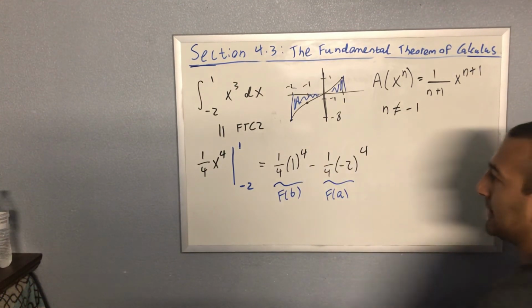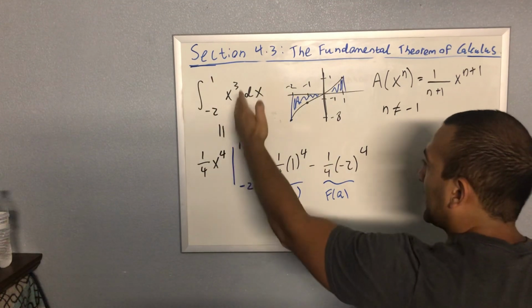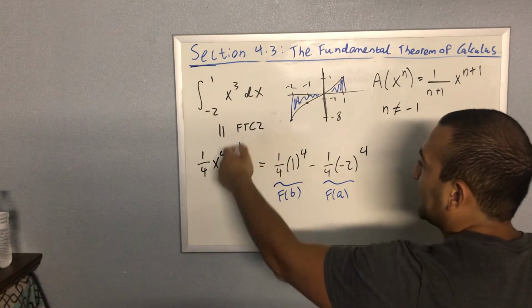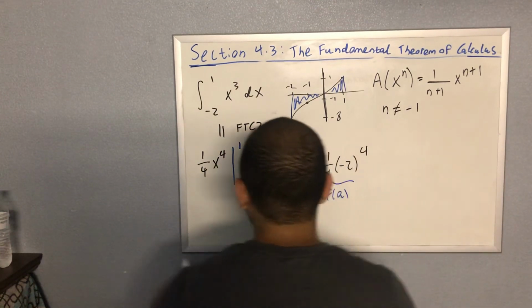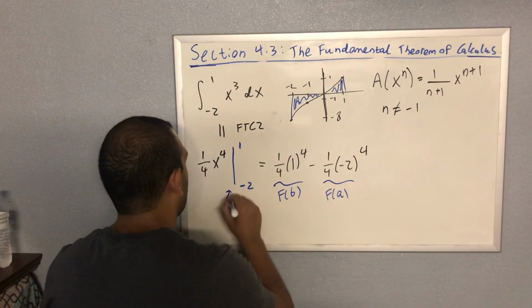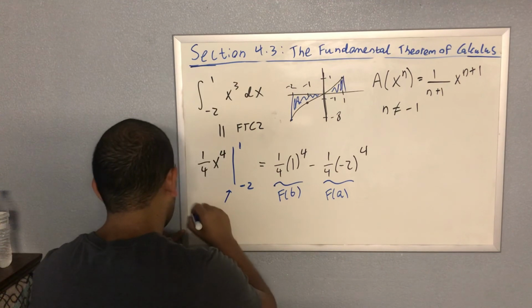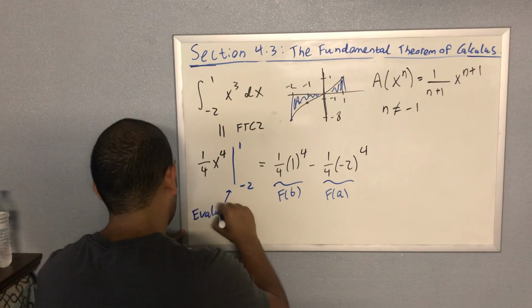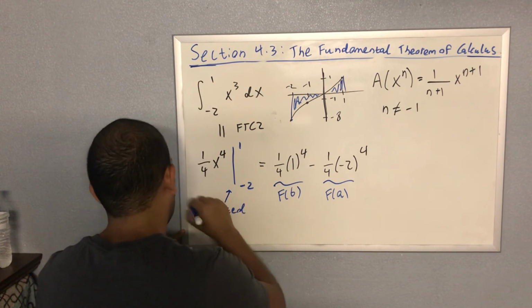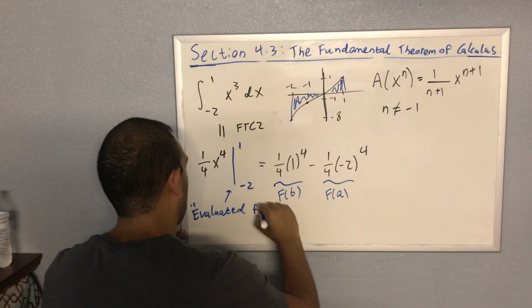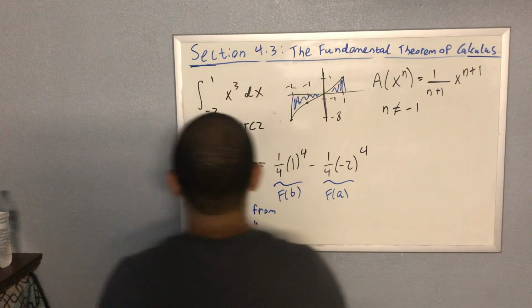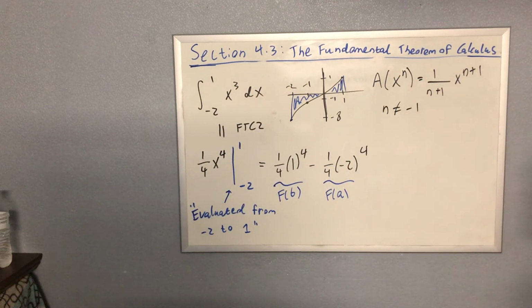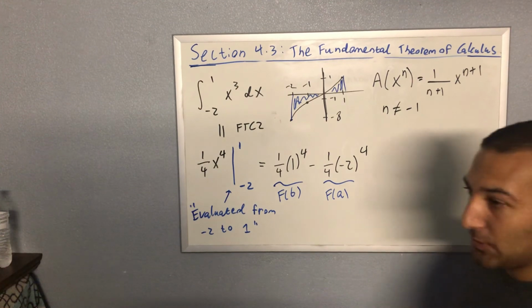But this symbol right here is really nice because, and you read it as evaluated from -2 to 1. It's a nice shorthand way to write some of this stuff. So evaluated from -2 to 1. Okay. So that notation is super, super nice.